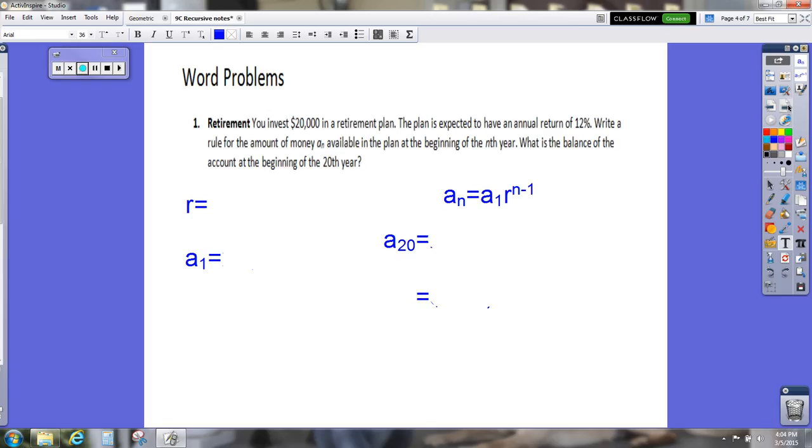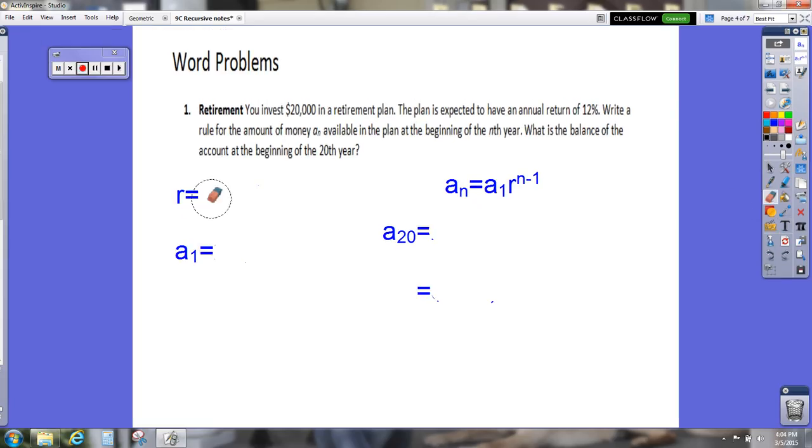Okay, so let's decide what kind of problem this is. Because we're earning 12% each year, this is going to be geometric. But we're not going to be multiplying just by 12%. We have our initial investment, which was that $20,000. So that means 1 plus my 12%, so my ratio is going to be 1.12.